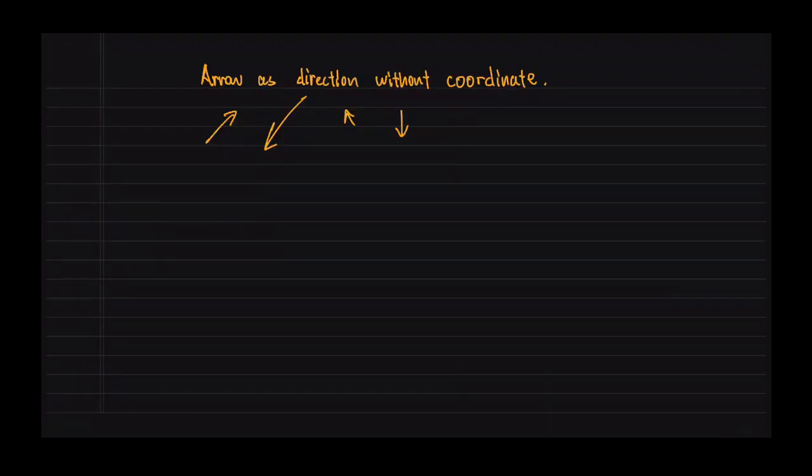Before we jump into vectors, we want to talk about direction. We can represent direction as an arrow. If we have a coordinate system like this, then we can describe an arrow with numbers, x and y. But in this course, we don't want to do that because with the coordinates, we are bound to the origin.